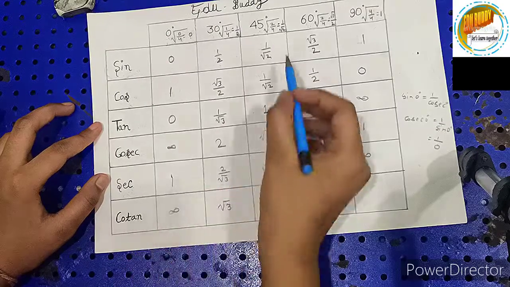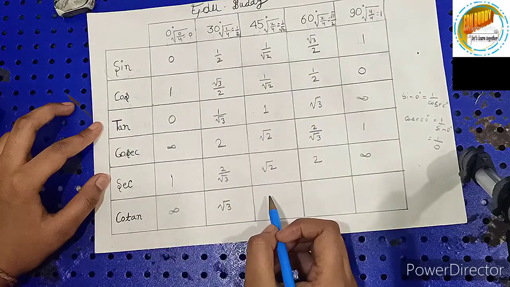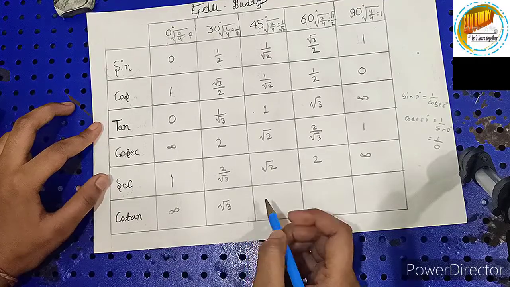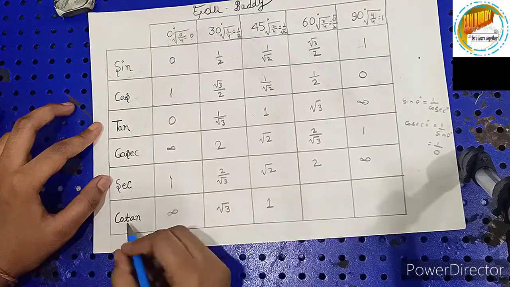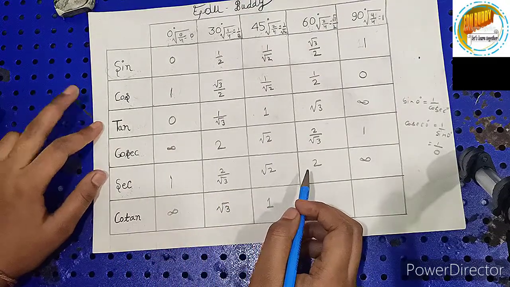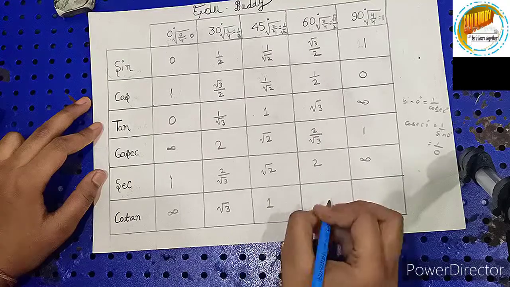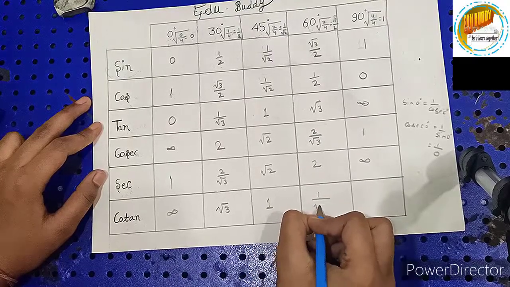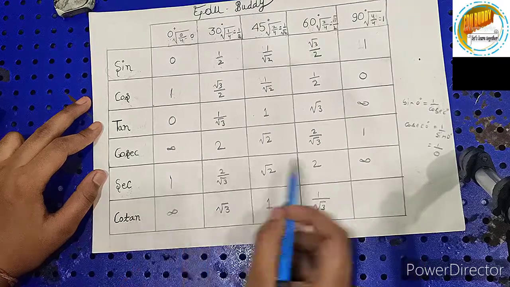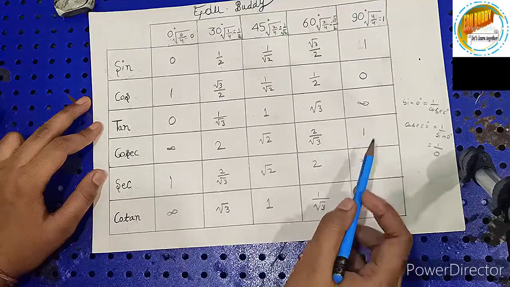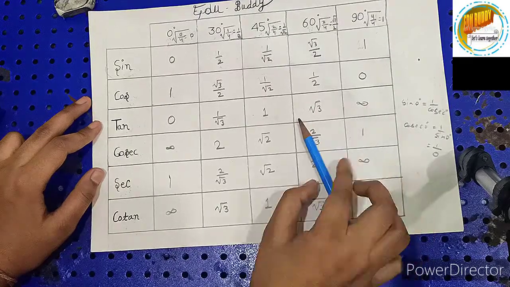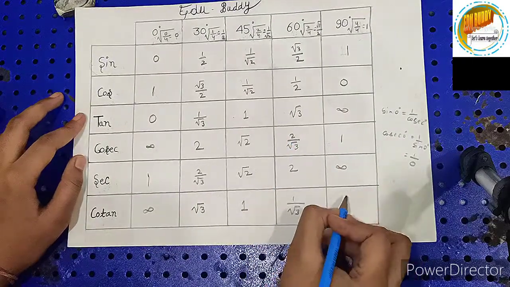Now cotangent 45 degree is equal to 1 upon tangent 45 degree, which is 1. Now cotangent 60 degree is equal to 1 upon tangent 60 degree, which is 1 upon root 3. And the last, cotangent 90 degree is equal to 1 upon tangent 90 degree, which is 0.